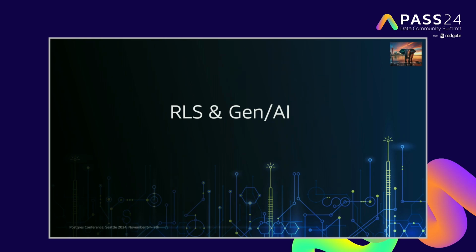So let's talk about RLS and GenAI, right? I think we have like 2 minutes. There are a lot of things in GenAI that can benefit from RLS. So what is a GenAI application? You have the application, you have the generative model on one side. The user is asking questions, they get a response. Sometimes you have hallucination.